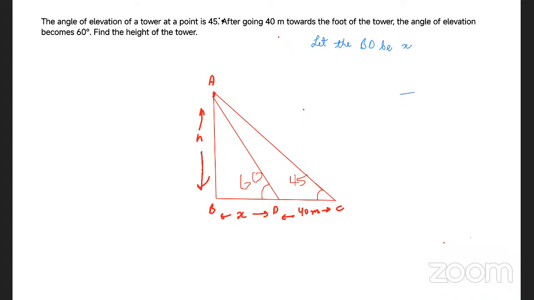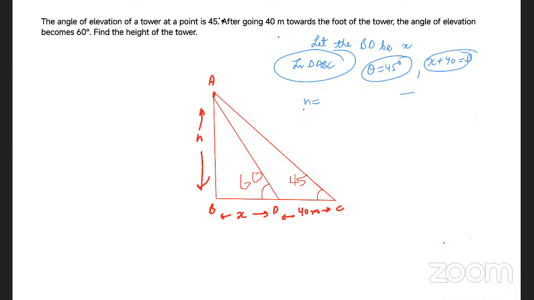Okay, so now in triangle ABC, I am talking about the big triangle A, B, and C. In that big triangle, we know that theta is 45 degrees. The base is BC, which is x plus 40, and the height I don't know, so I'm taking h as the perpendicular.